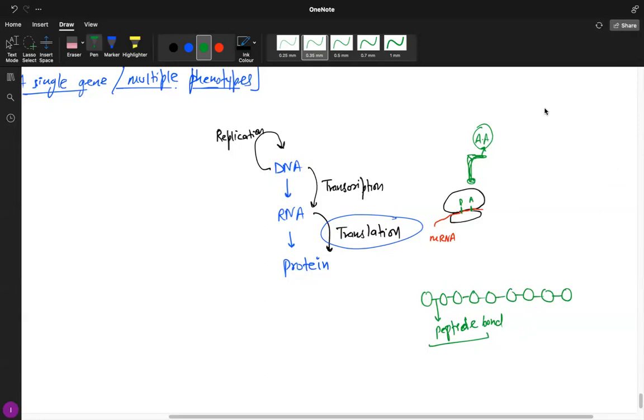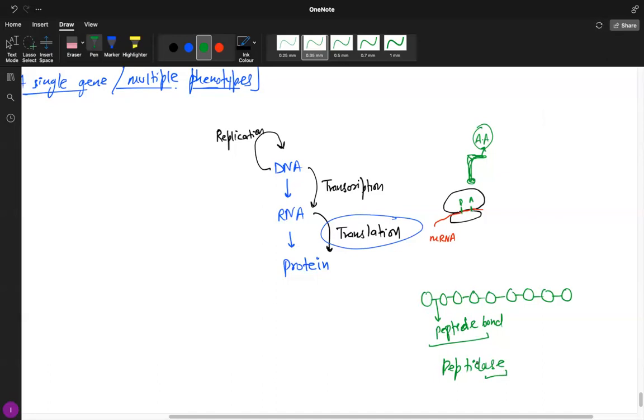Any guess, Aisha? Something with pro. I don't remember exactly. It's called peptidase. As simple. There is a peptide bond and there has to be an enzyme to break it. So it's called peptidase.